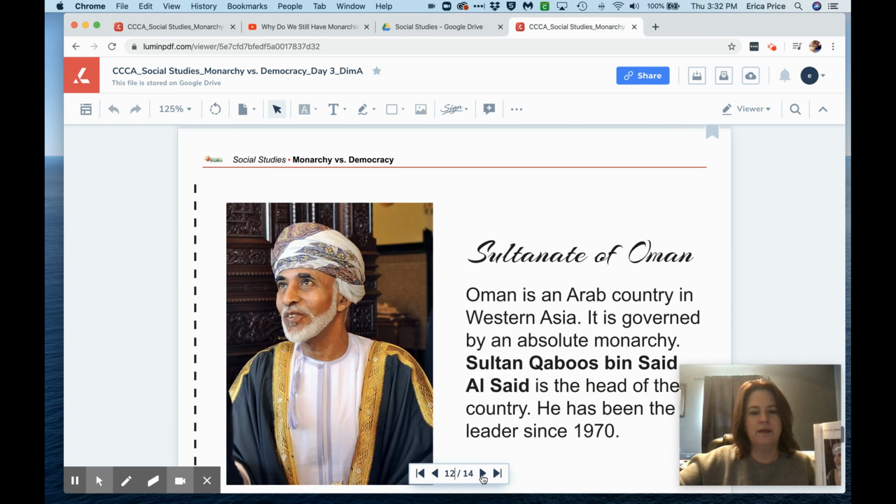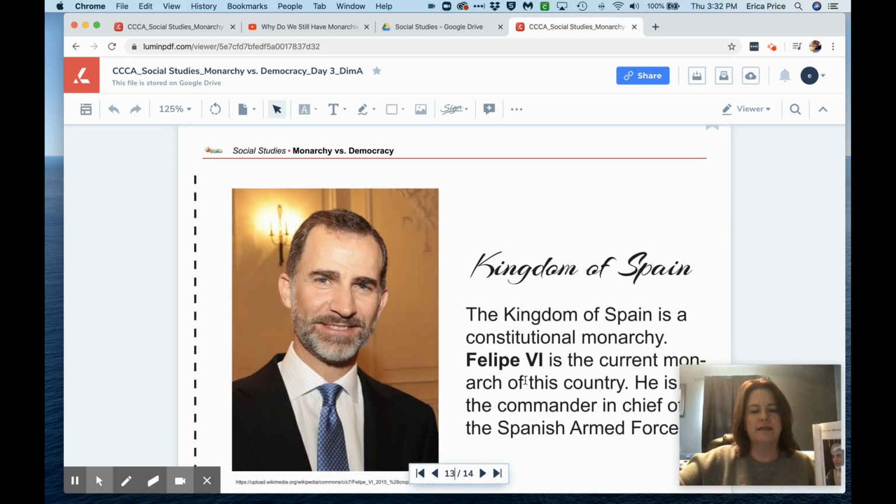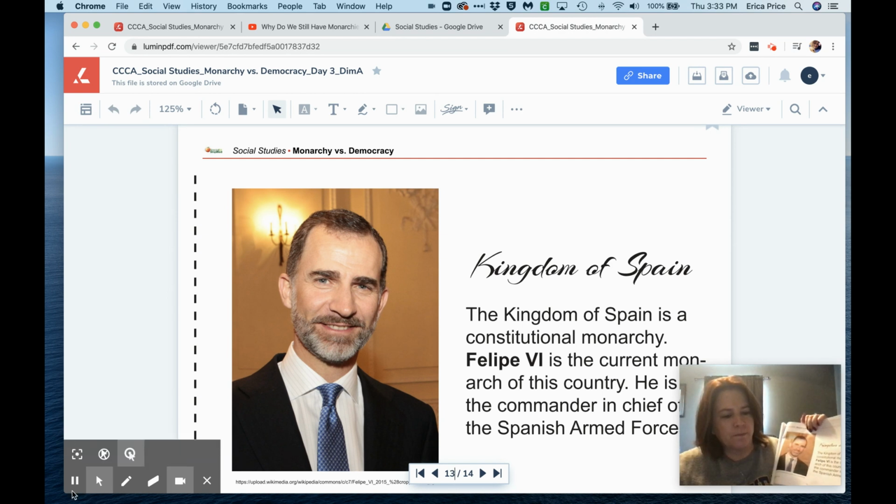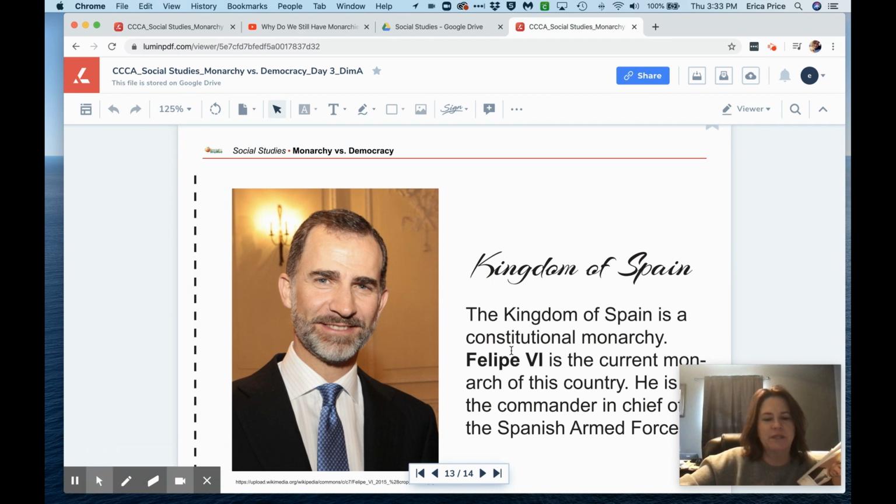Let's go ahead and look at the Kingdom of Spain. Kingdom of Spain. The Kingdom of Spain is a constitutional monarchy. Felipe VI is the current monarch of this country. He is the commander-in-chief of the Spanish Armed Forces. So what kind of monarchy is the Kingdom of Spain? Right here.